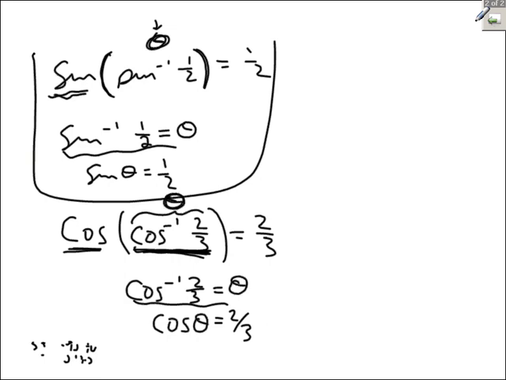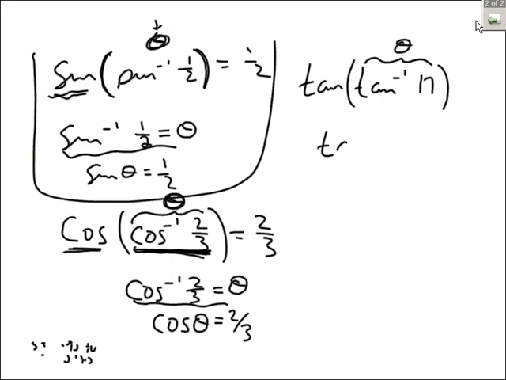If you have the tangent of the tan inverse of 17, well, we call this theta because tan inverse equals an angle. So what's in there means the tangent of theta is 17. But that's what we want. We want the tangent of theta, which is 17.